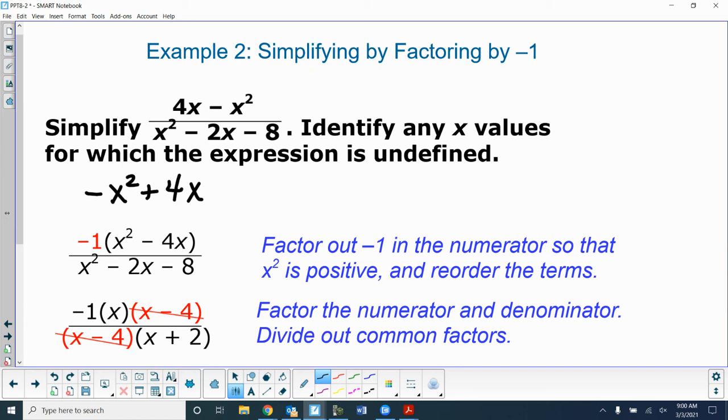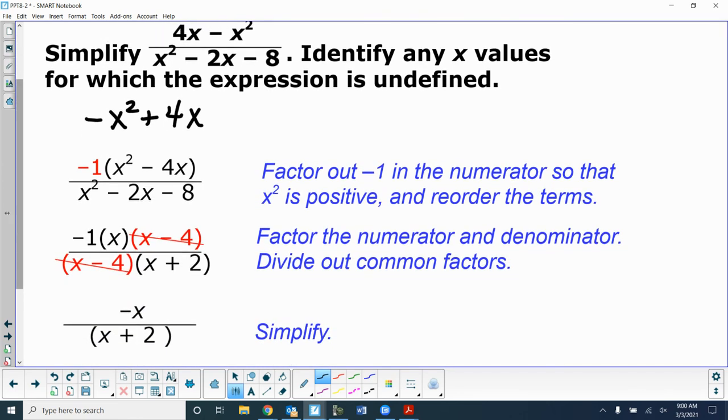X squared divided by x gave me x. -4x divided by x gave me the -4. So the top got factored like that. The bottom is an easier one because there's no GCF and a is 1, so we just worry about factors of -8 that add up to -2, which are -4 and a +2. So the x minus 4 is canceled. So my answer is -x over x plus 2.